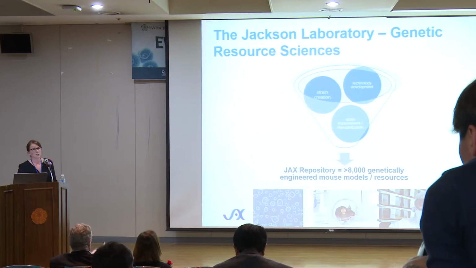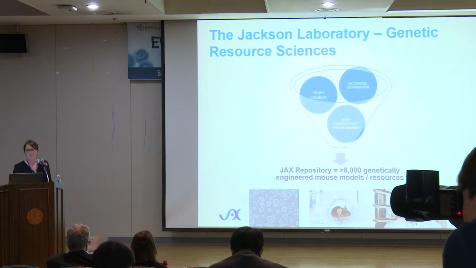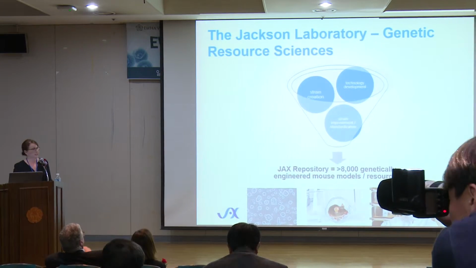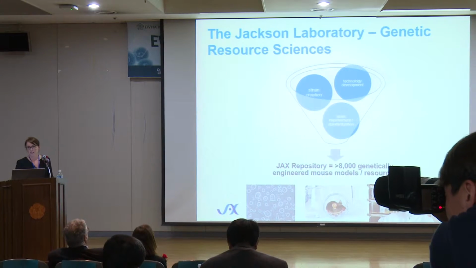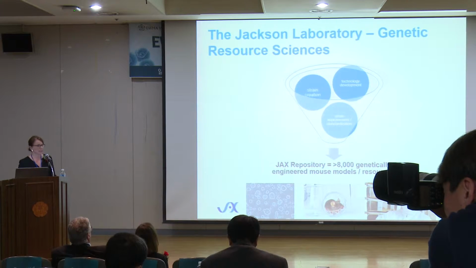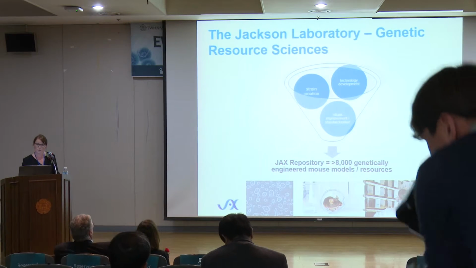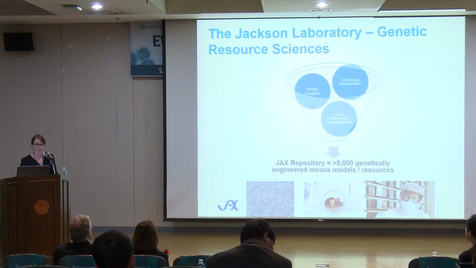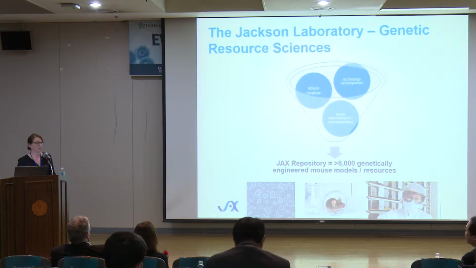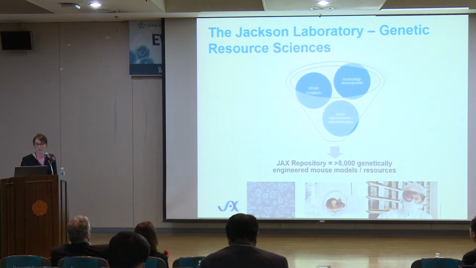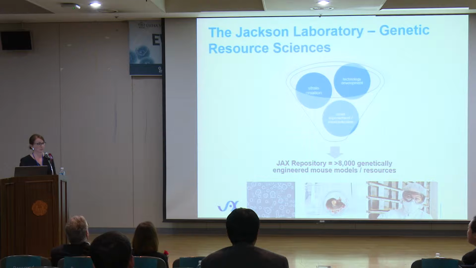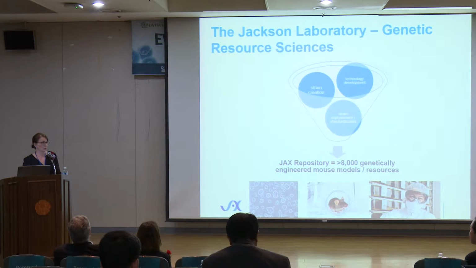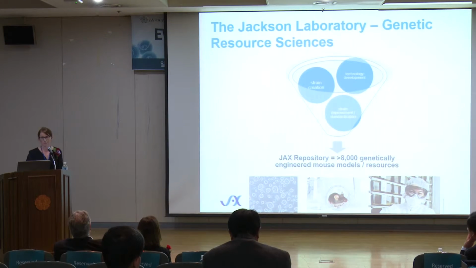We do this in a variety of ways, by creating new strains, by using new technologies to credential existing strains, to improve them, to standardize phenotyping, and all of these efforts feed into our JAX repository, which is a collection of now over 8,000 genetically engineered mouse models and associated resources like, for example, embryonic stem cell lines and adult stem cell lines.